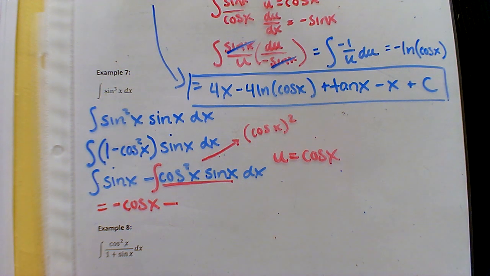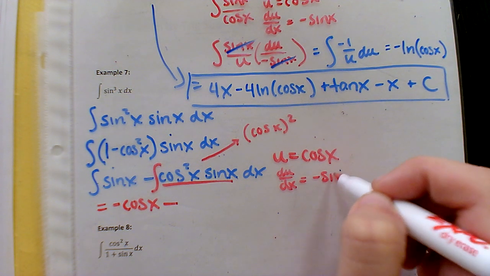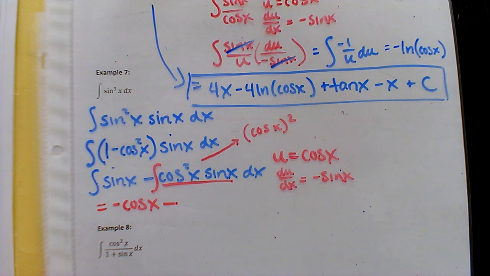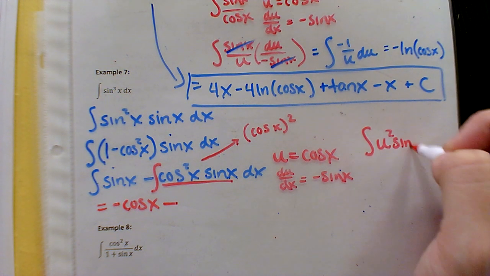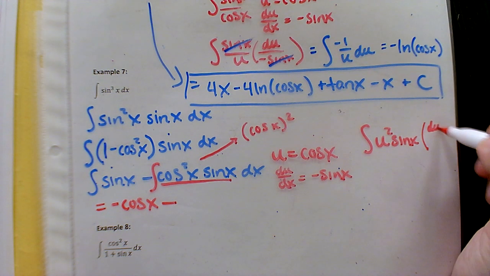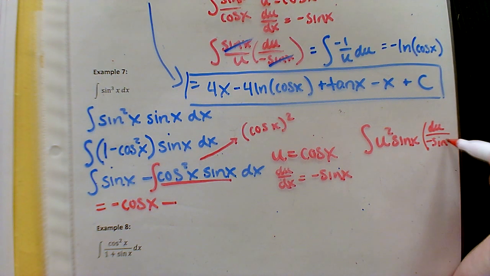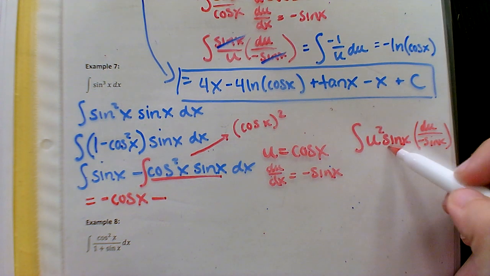That's technically what's being squared. So the derivative would give us negative sine. If we rewrote that integral, we would have u squared sine of x, and solving for dx, we'd have du over negative sine, which is perfect because the signs would cancel.